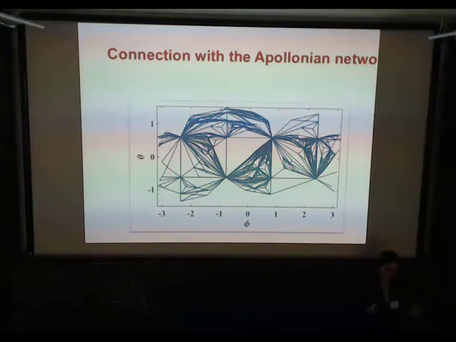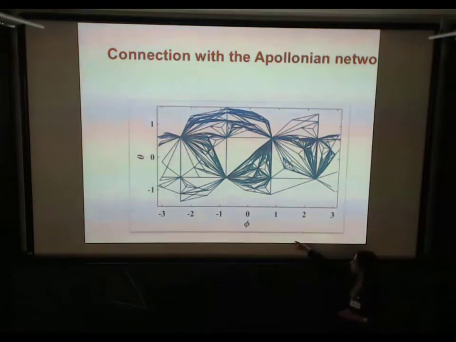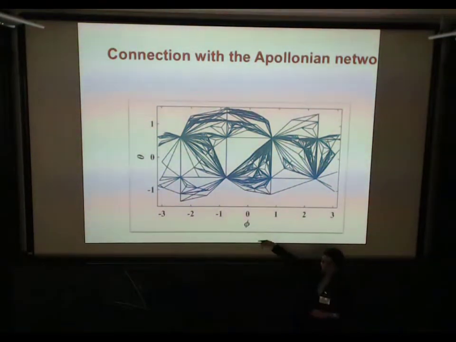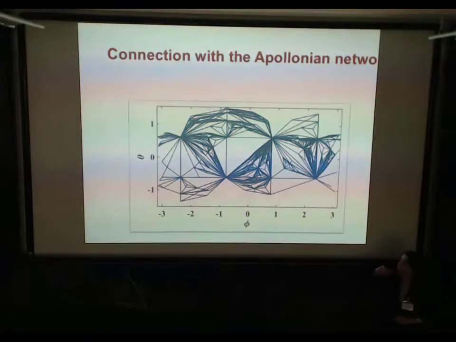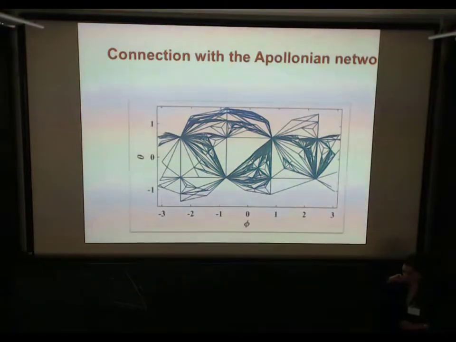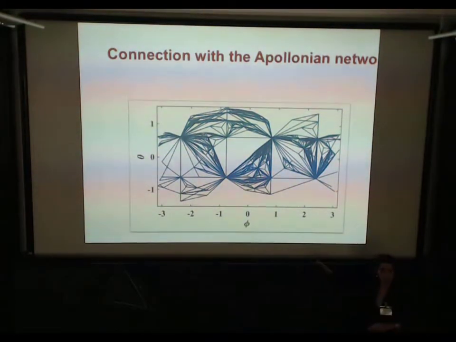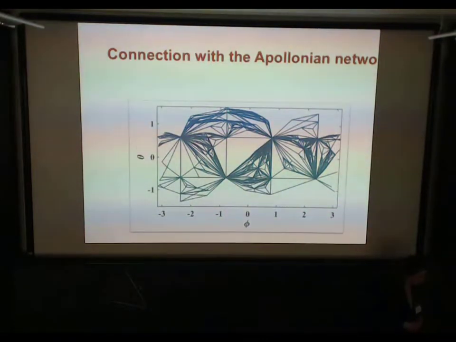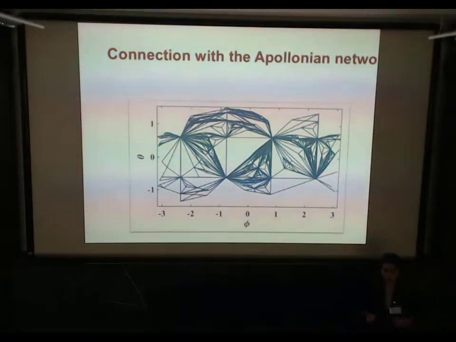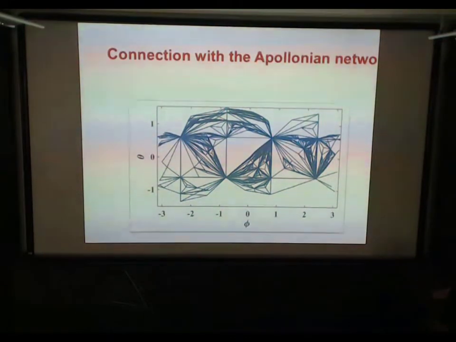So if you just forget about this hyperbolicity now and just put the position of the nodes on the sphere and project on the plane, where these are the azimuth and the angle, you find this pattern that maybe you recognize. This is what we call Apollonian networks, but you call triangulation or things like this.